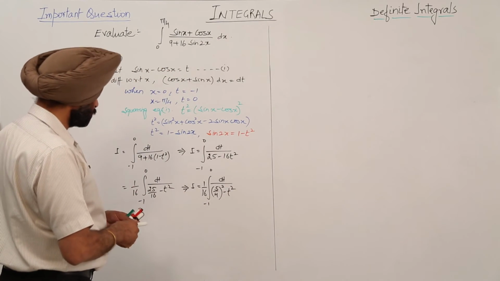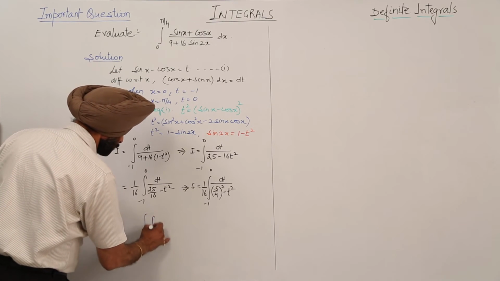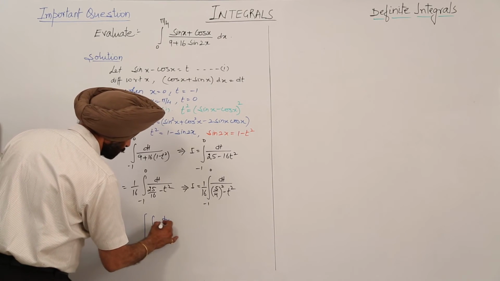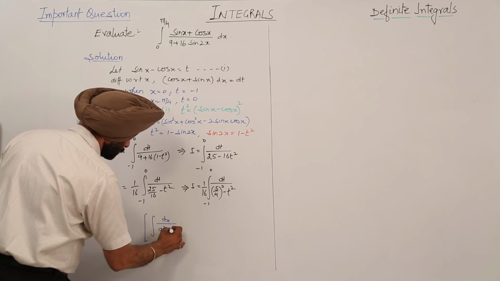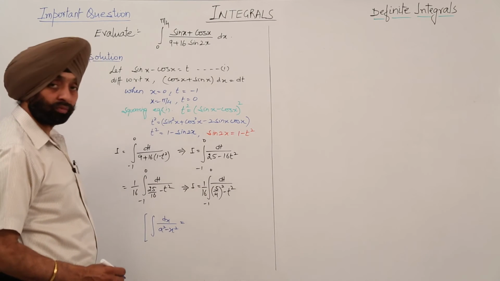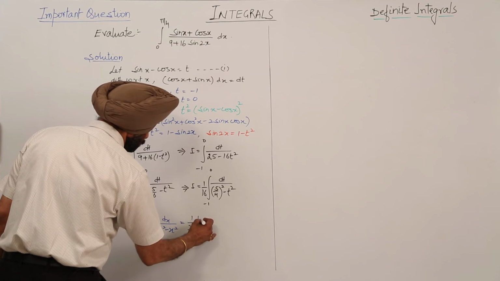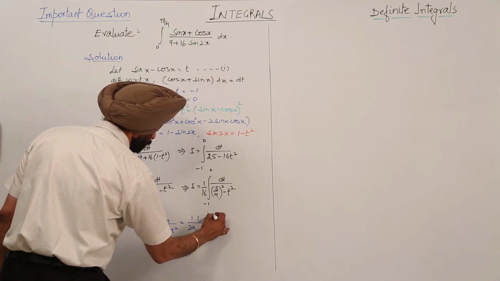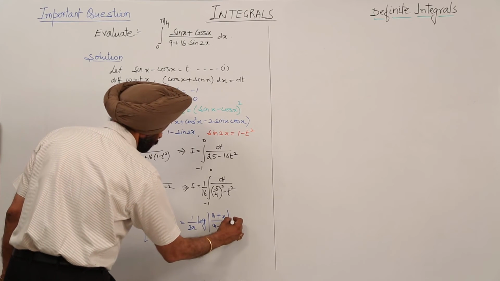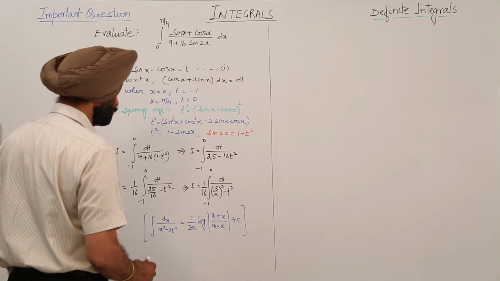Now here we are going to use a formula, that is integration of dx upon a square minus x square is equal to, a square is what? 5 upon 4 whole square. So it is 1 upon 2a log mod of (a plus x) upon (a minus x) plus c. Okay.